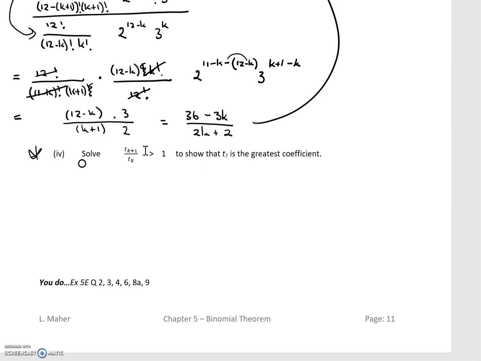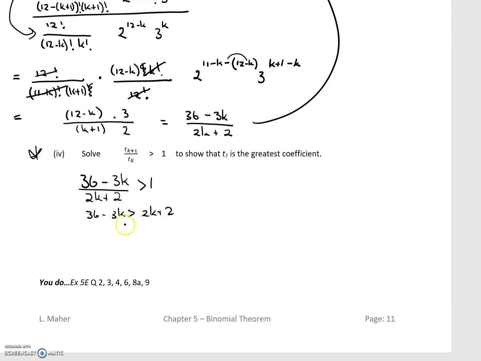T(k+1) over T(k) was this 36 minus 3k all over 2k plus 2, which has to be greater than 1. It's a very simple little inequality. Multiply and you'll get 36 minus 3k is greater than 2k plus 2.